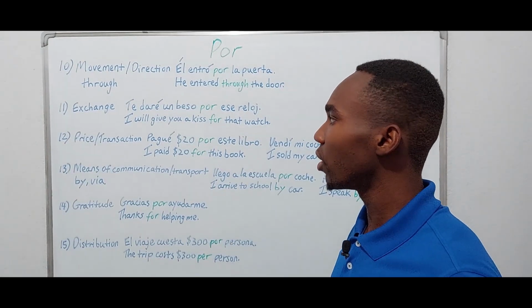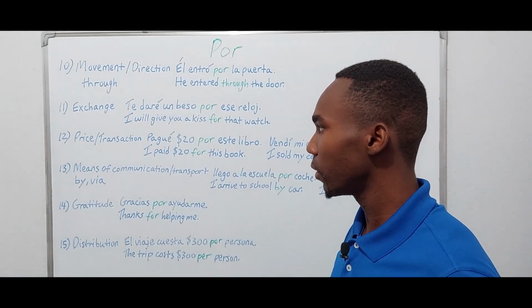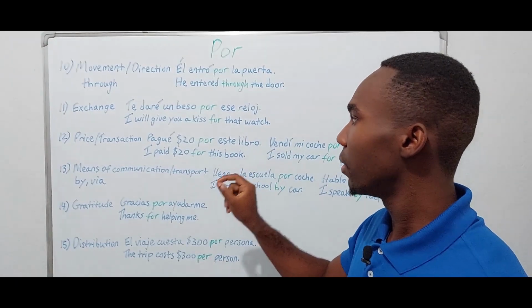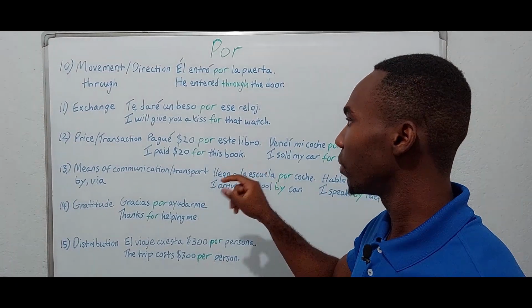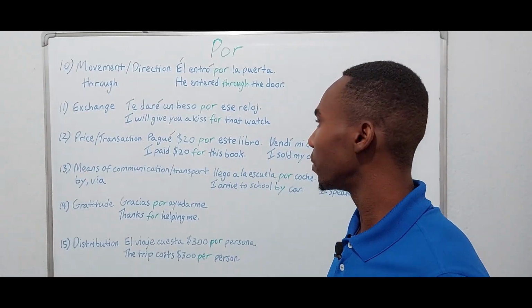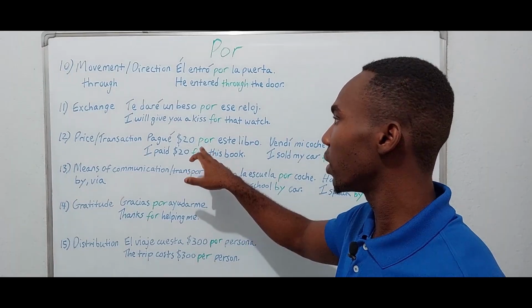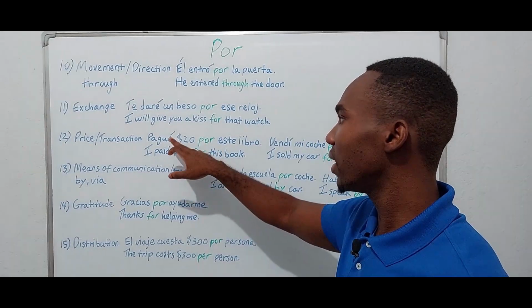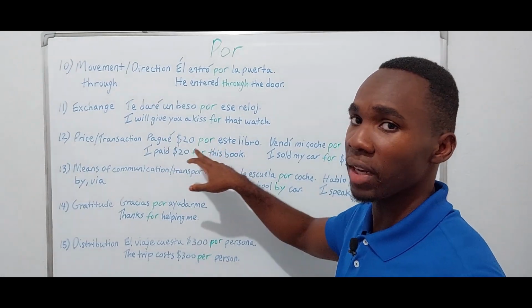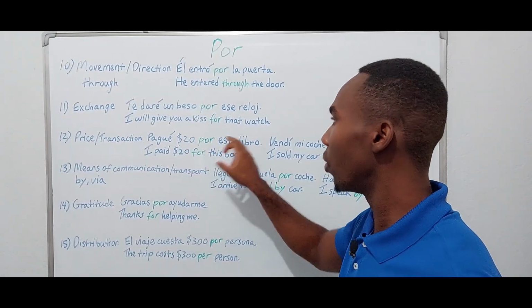12, price or transaction, right? So, pagué $20 por este libro. I paid $20 for this book. So por is expressing the amount of money you would have paid for that book. So pagué $20 por este libro.